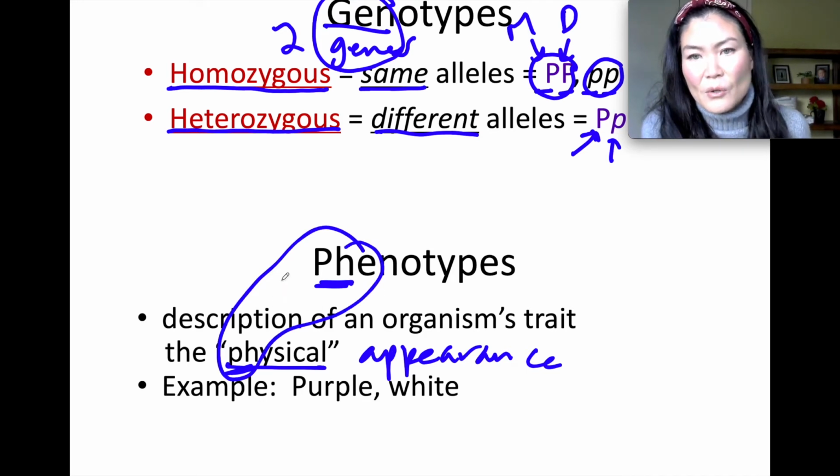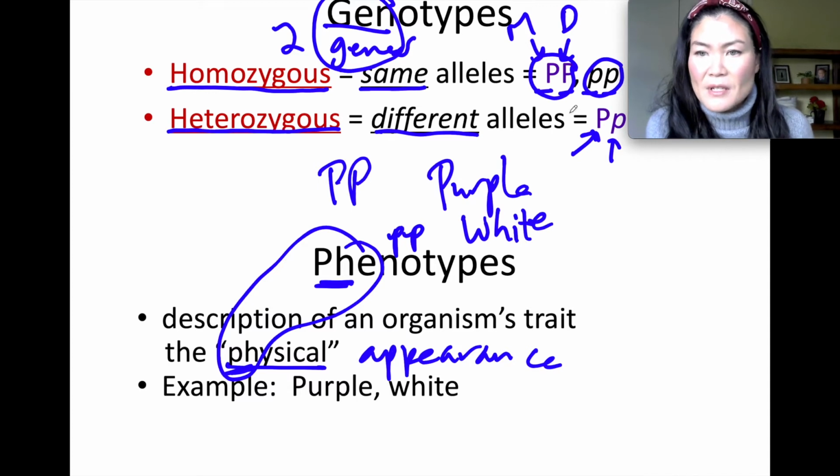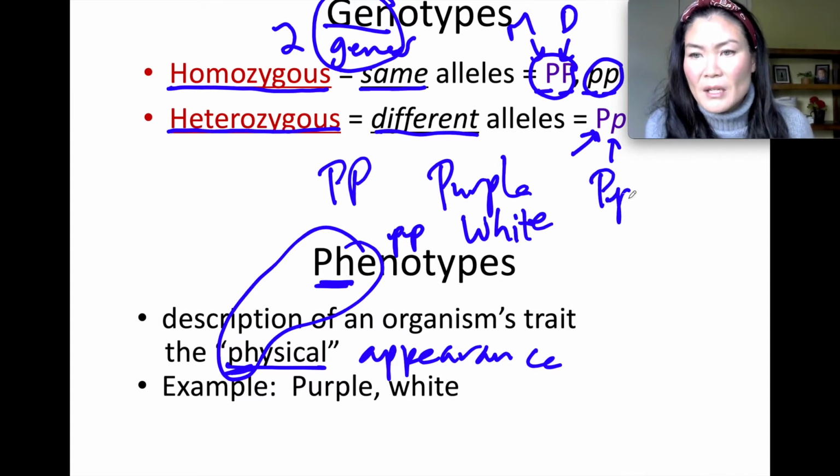Okay, so big P, that's the genotype, but the phenotype is purple. That's the physical appearance. Little p, that's the genotype, but then the phenotype is white. Heterozygous, big P, little p, that's the genotype, but then the phenotype is purple.